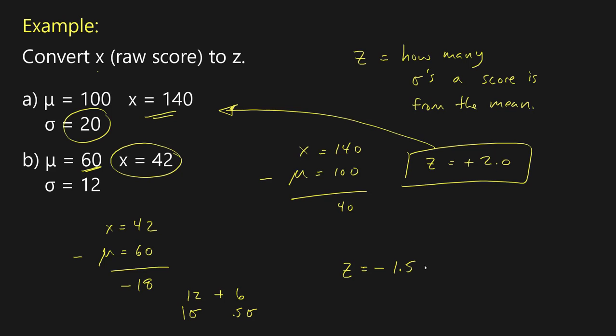But we don't leave that part on. The z-score tells us how many standard deviations. It doesn't have any units. So my answer is that 42 is 1.5 standard deviations below 60, or has a negative z-score of negative 1.5.